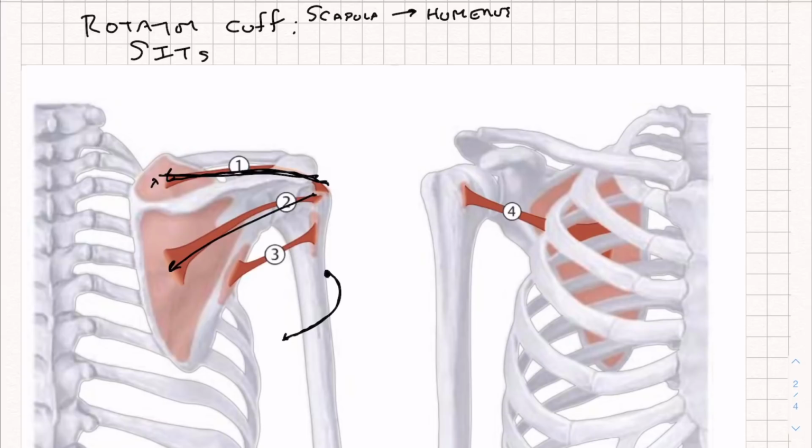So if you take your thumbs and put them by the sides of your body, and you do like a thumbs up, and then you point your thumbs away from your midline. That's the action this muscle is going to do of the humerus, and that's called lateral rotation or outward rotation.